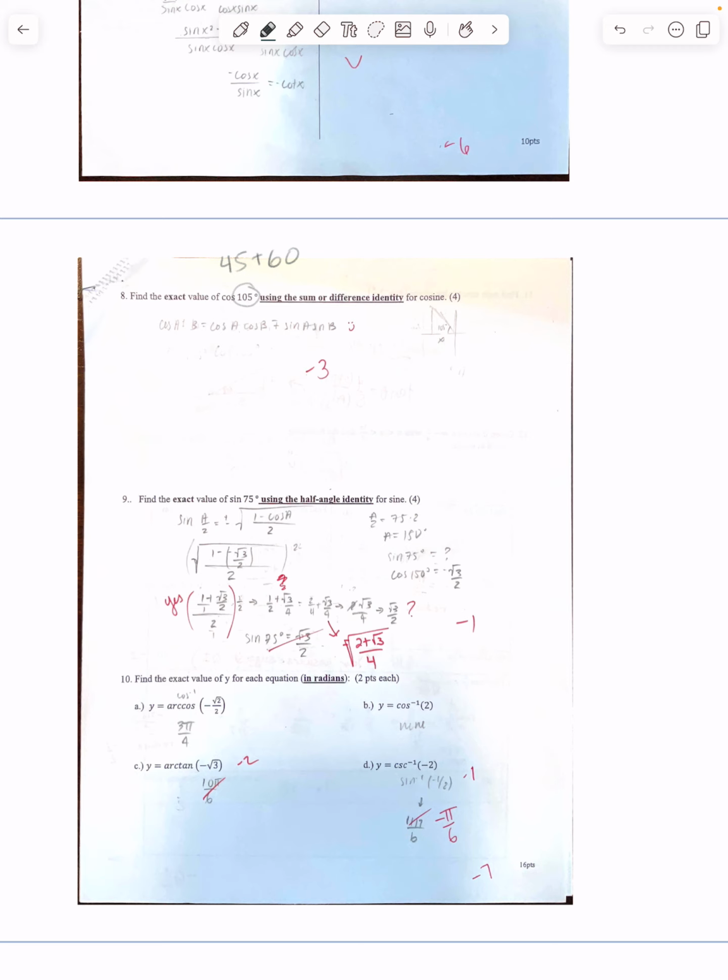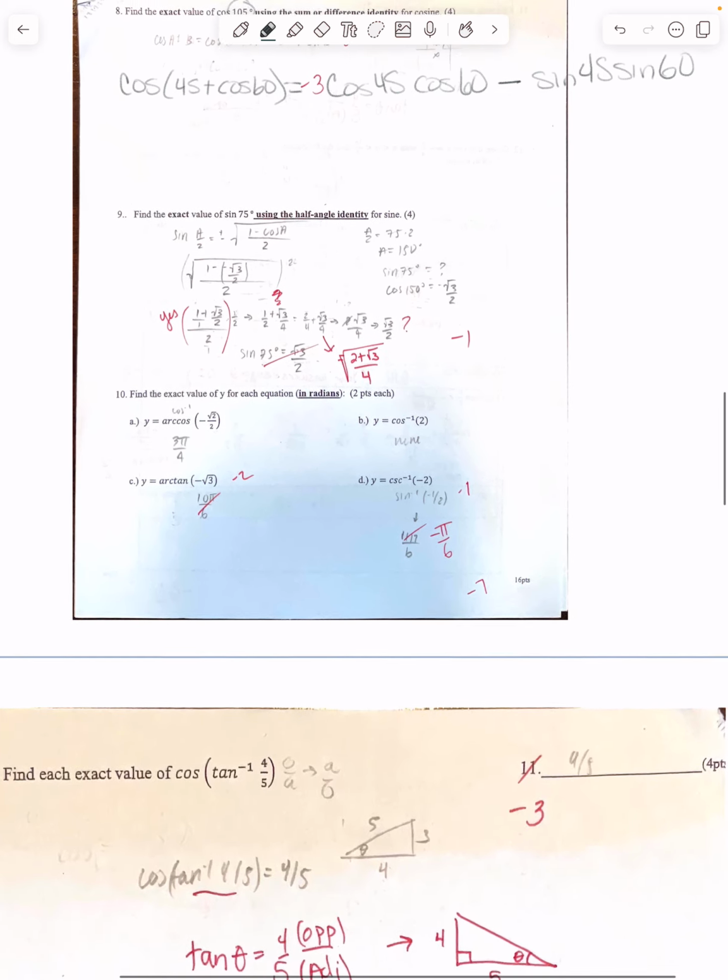It's not the only 2 that would work, but then you would have cosine of 45 plus 60. And you'd use the formula. Just remember cosine, the sign switches. So when you do cosine of the first angle, cosine of the second angle, it's going to be minus sine of the first, sine of the second. I'll let you finish that one.